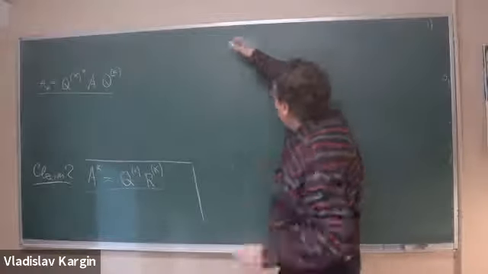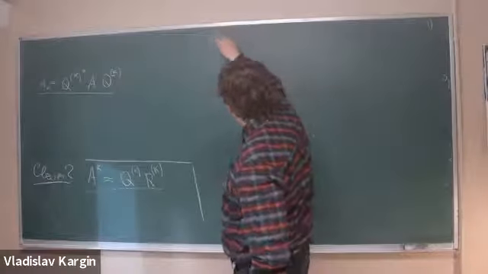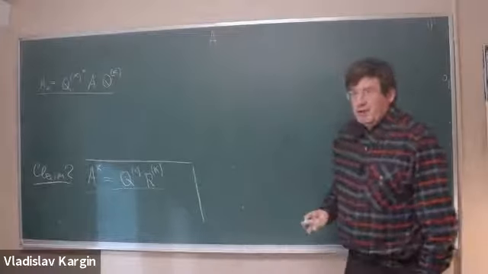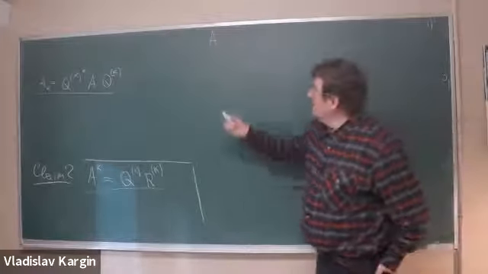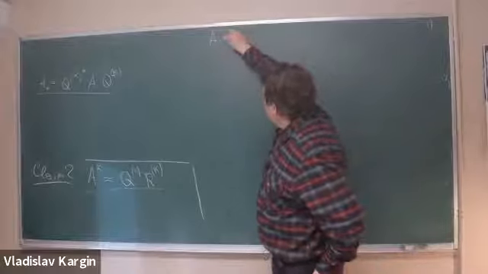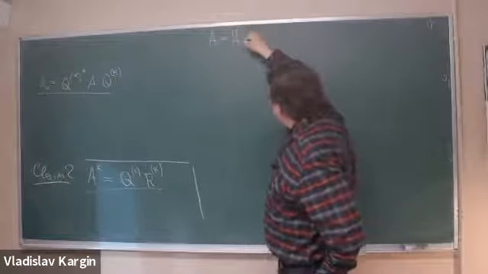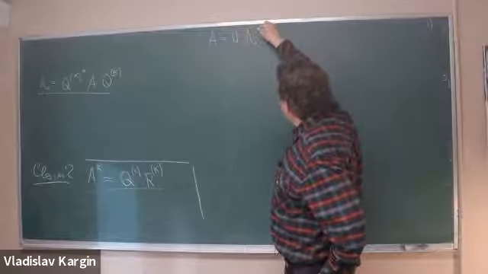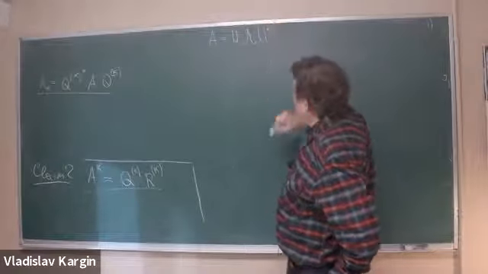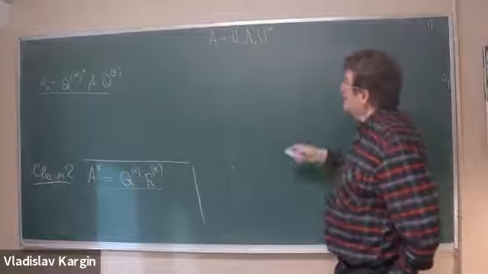So if you have a matrix A that is symmetric, and we assume that it's diagonalizable and has this form, you can write it like that, right?